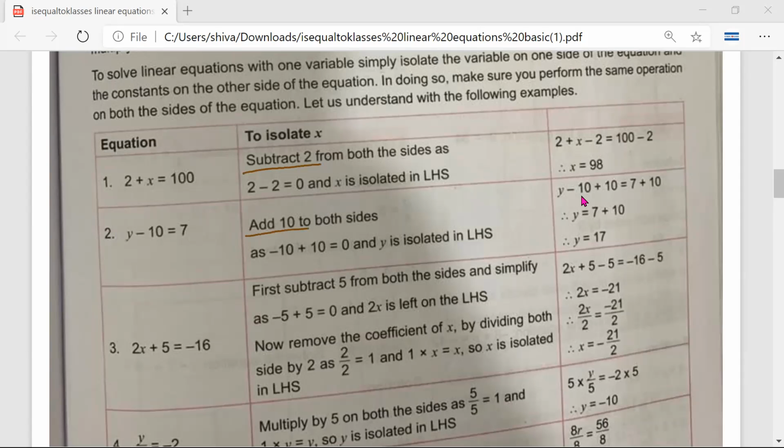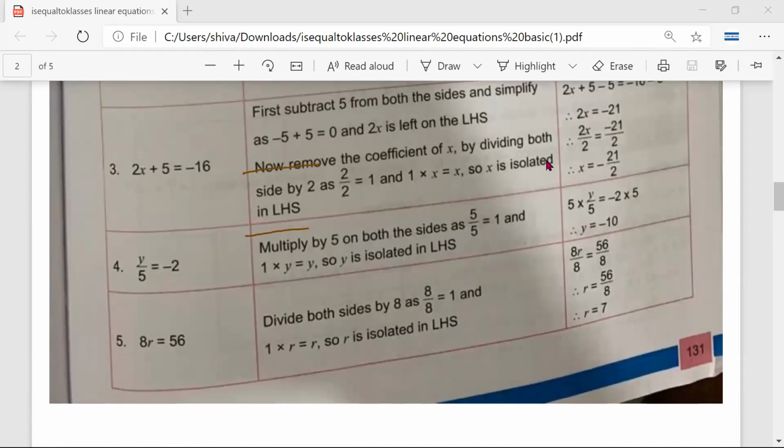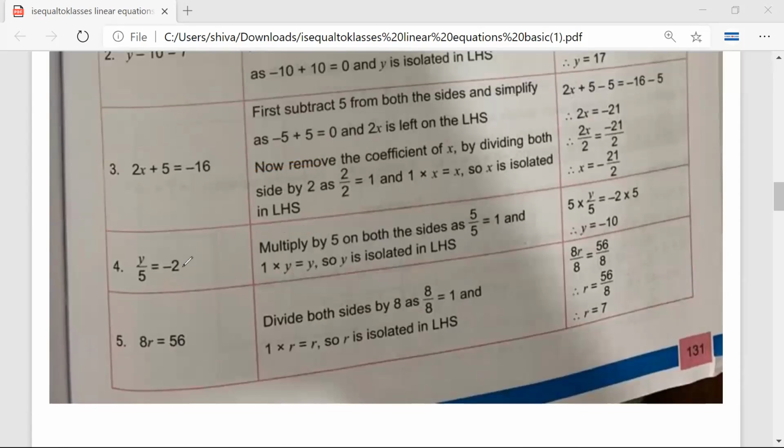Then let us look at this example. y upon 5 is equal to minus 2. Now if you look carefully at this, my y has a 1 by 5 attached to it. Mr. Sarthak, any doubt?